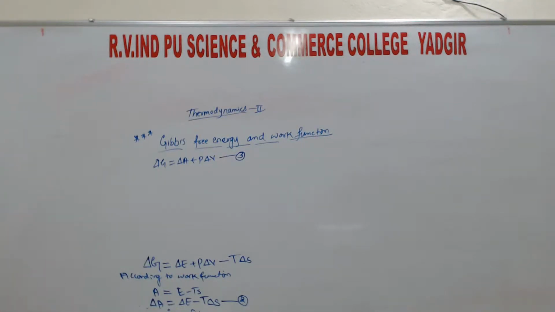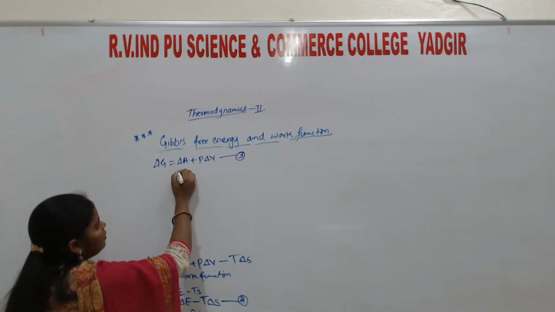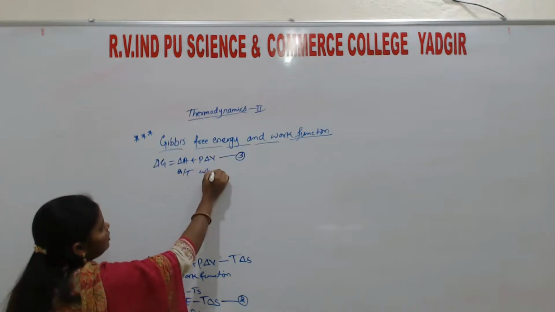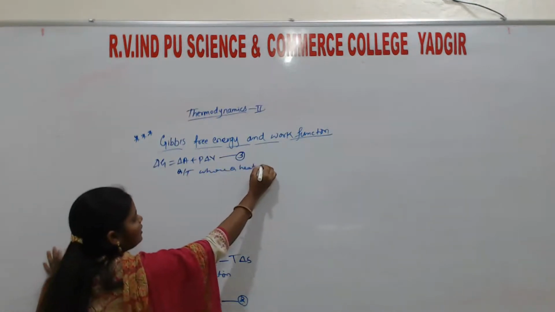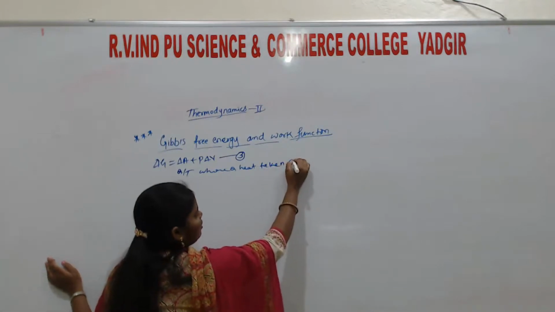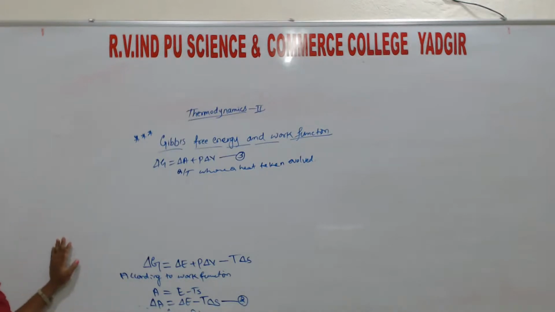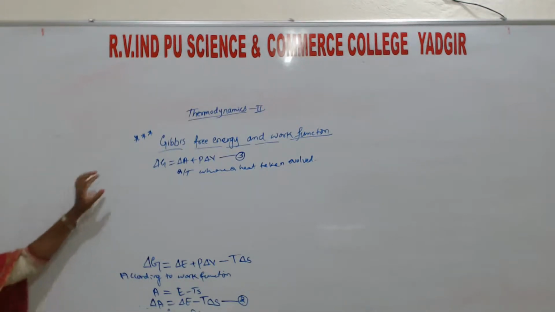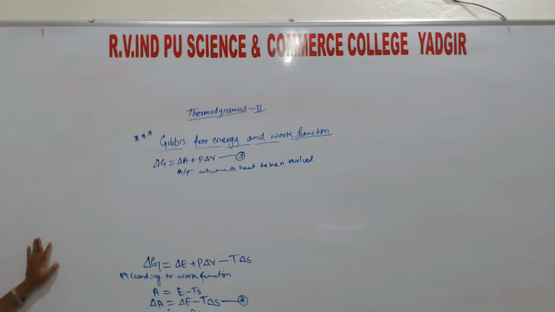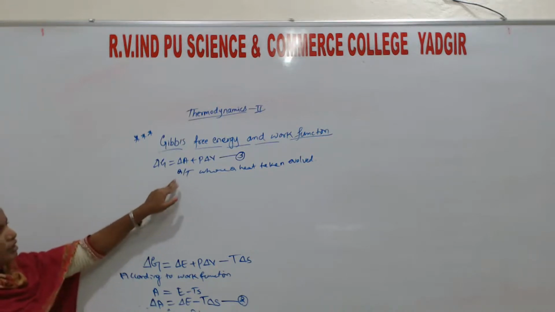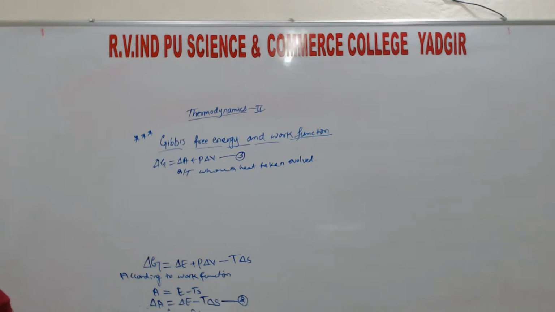Again, delta S can be defined as Q by T, where Q is the heat taken or evolved.